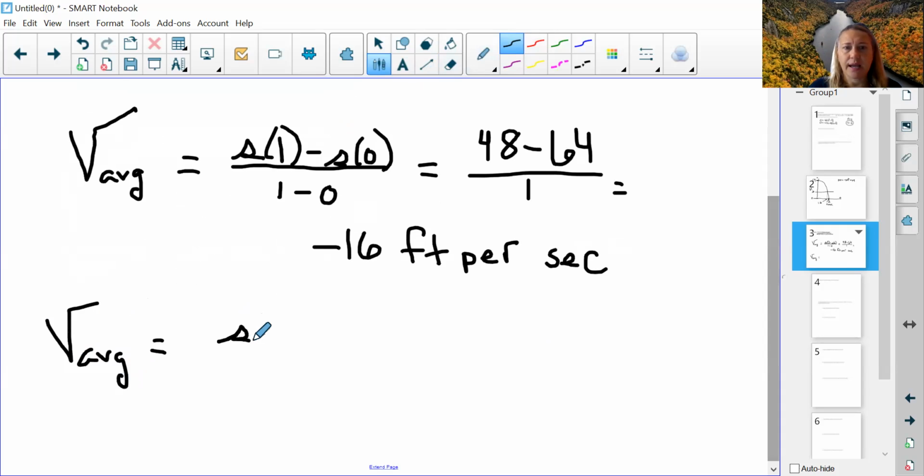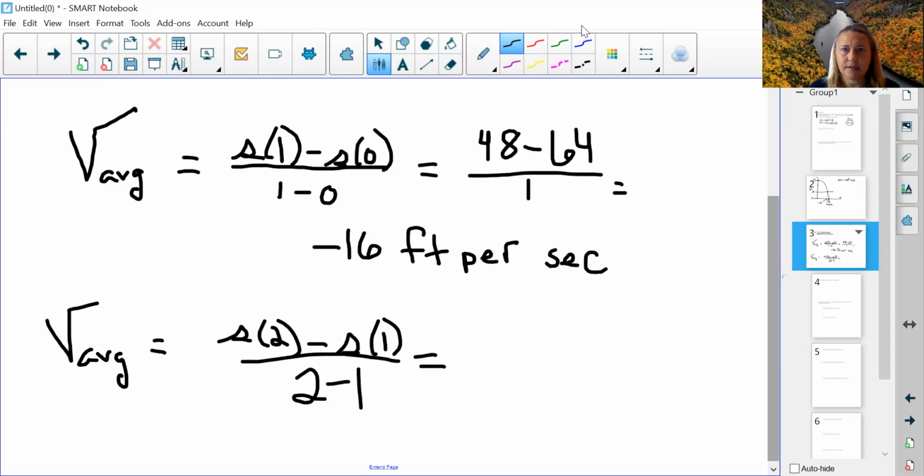We would look at the height at 2 seconds. How much did we move from 2 seconds to 1 second?